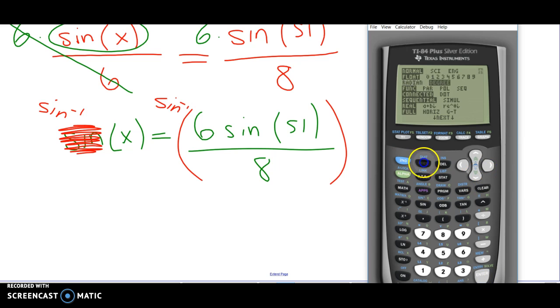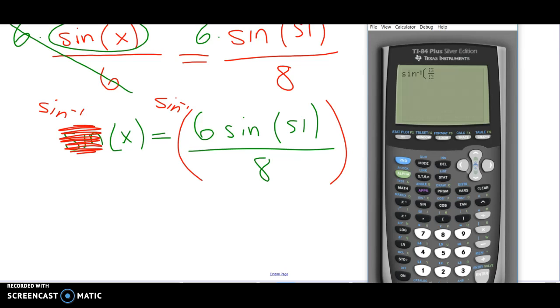Start out with the inverse sine. That's what we have to do first, right? Because we're inverse signing everything in green. So start out with second sine. Now, inside of the inverse sine is where we need our fraction, right? So now hit alpha y equals and insert your n over d.